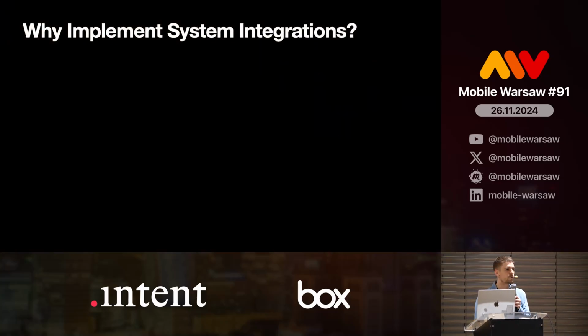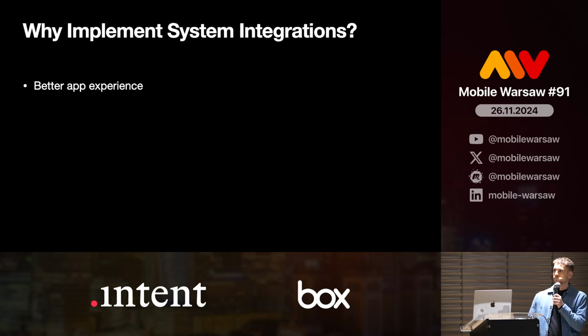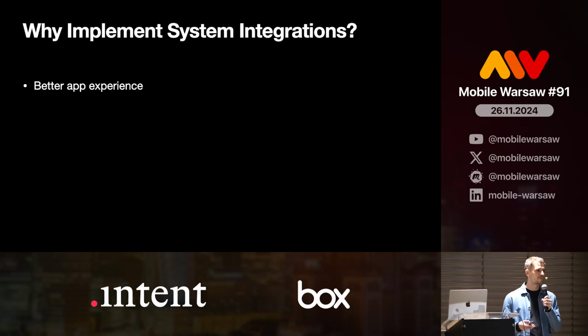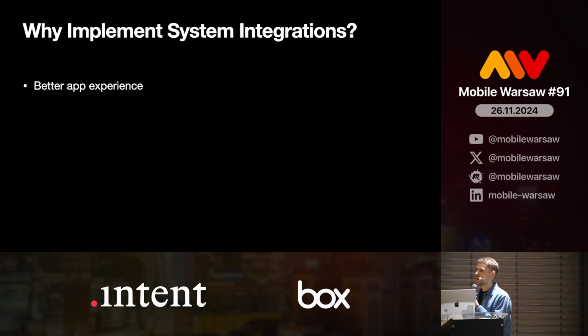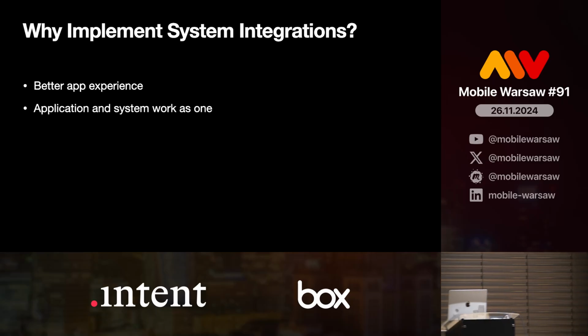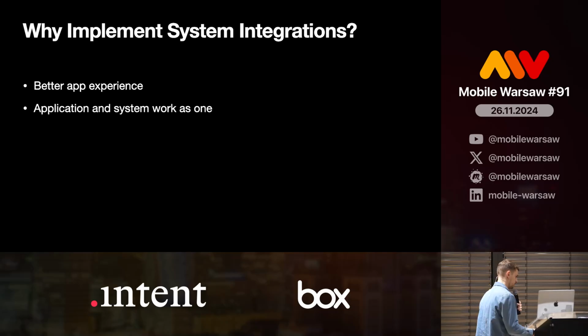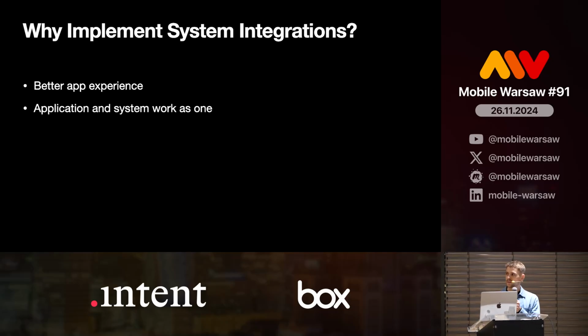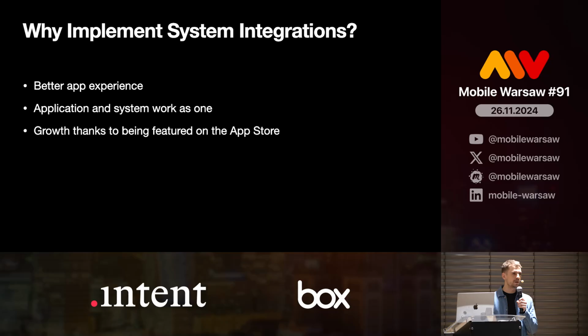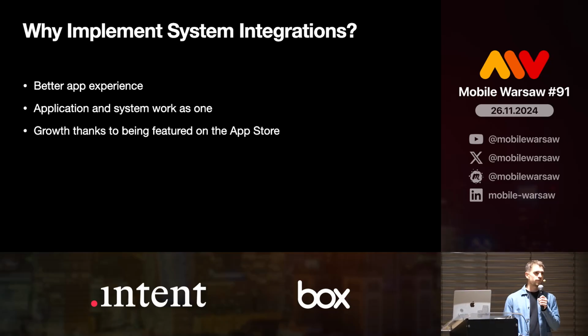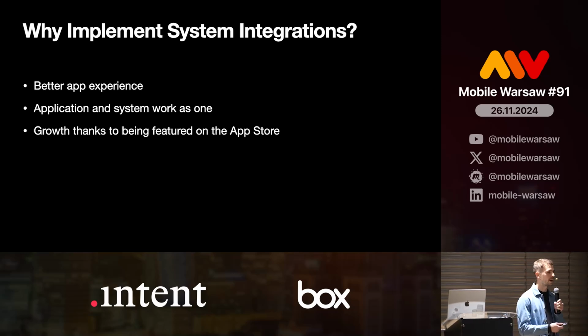But why are we doing that, and why do I think it's worth it for you to try this? So the first obvious reason is that you just give a better experience with your application. You make your application and the system work as one. The second reason is more from the business perspective, that you can grow by being featured by Apple in the App Store. So Stoic basically makes money from subscriptions, and we rely on organic growth.